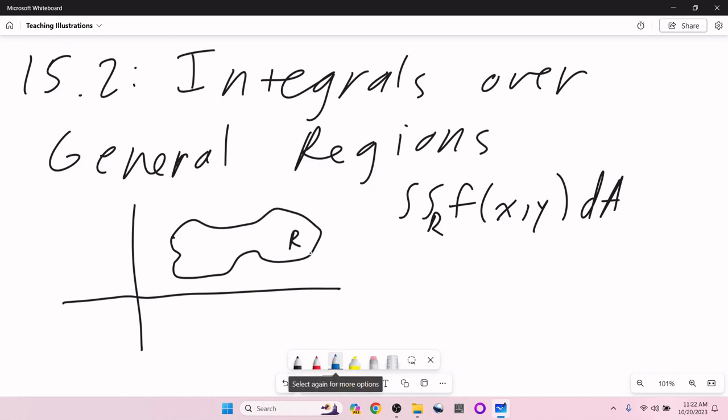Now, there are a couple ways to do this. The way that I like is to put a bunch of rectangles over it. We have already shown how to do integrals over a rectangle. And so if we integrated all these individual rectangles, then we could add them up, do the integral of each one, and it would be a slight overestimate.